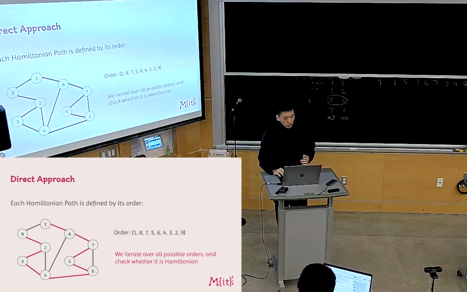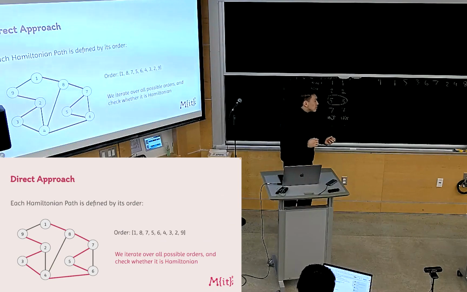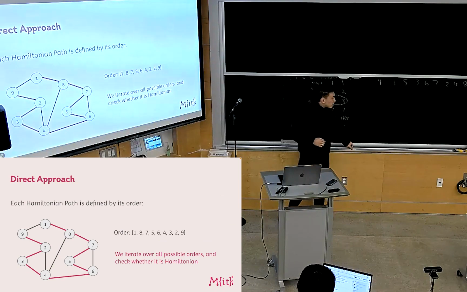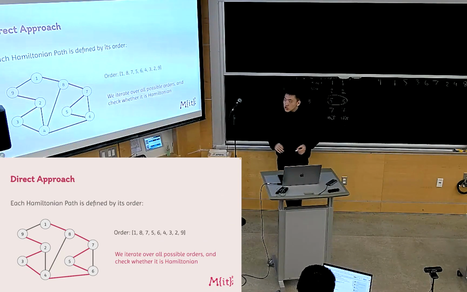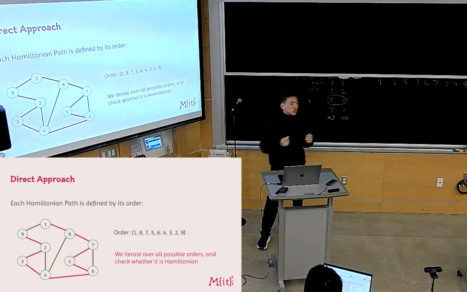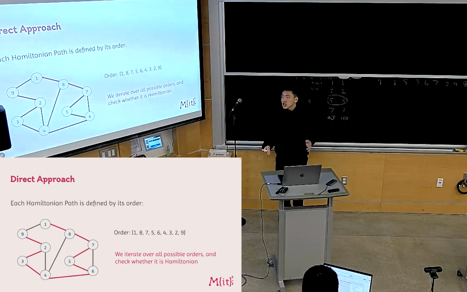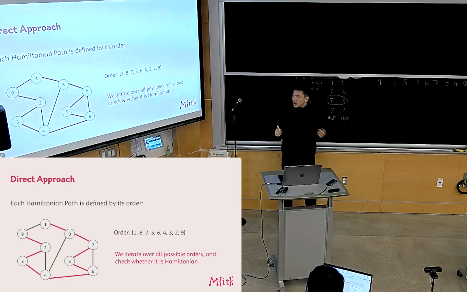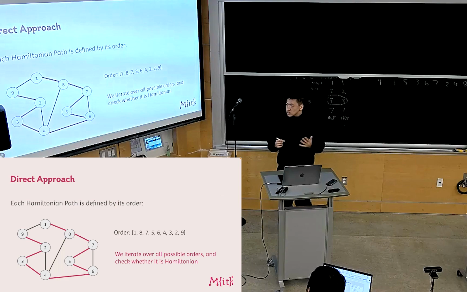Well, let's say we have a Hamiltonian path as shown on the right, then we can define it by the order in which the nodes appear on this path. So in this case, the order would be 1, 8, 7, 5, 6, 4, 3, 2, 9, right?